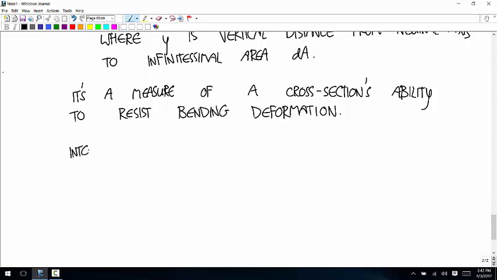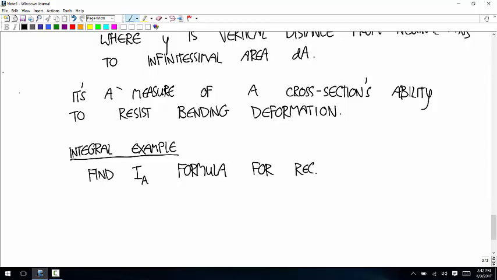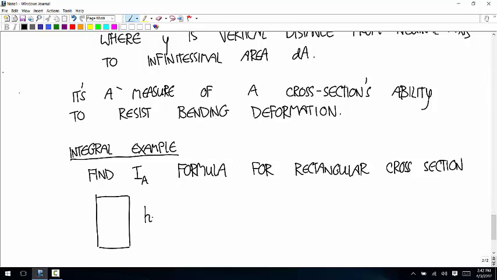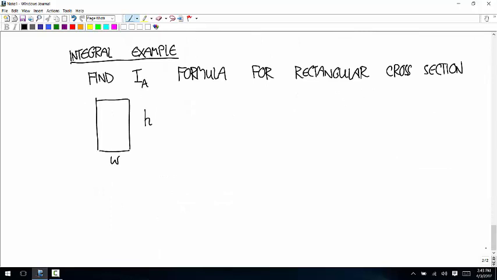So we're going to calculate the formula for the area moment of inertia for a rectangular cross-section, where the height is h and the base is w, the width.